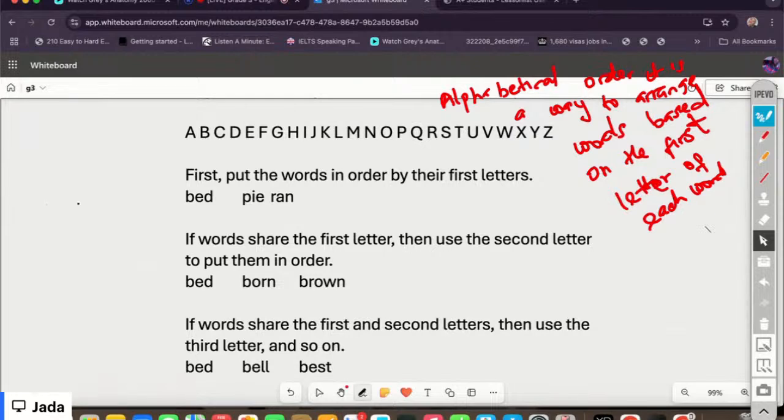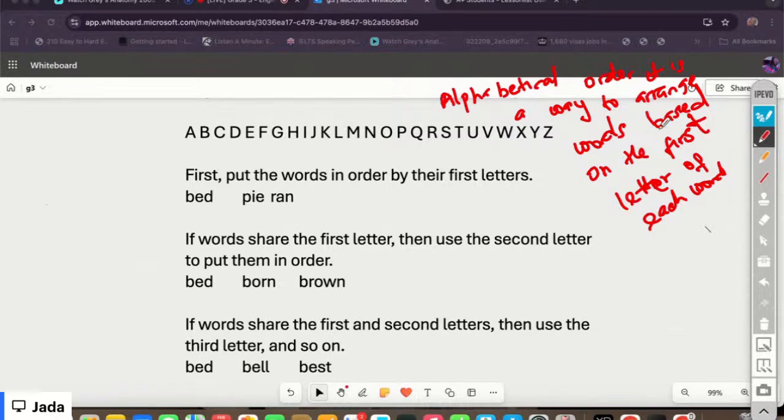So for example, we can have apple, and then we also have banana. So then you ask yourself which of these comes first. Of course, A, the first letter, comes before B. So A will come first and then B next. All right. So that is what we mean by alphabetical order.